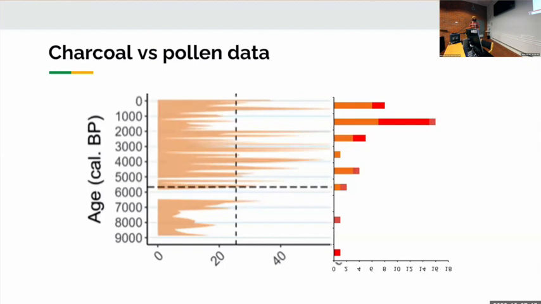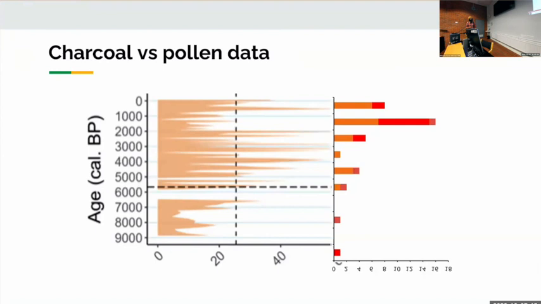We see with the pollen that we have really continuous, really nice data for pretty much all the Holocene, whereas charcoal data is quite a lot more fragmented. However, what's nice is that this is the line that separates regional influx from local influx.